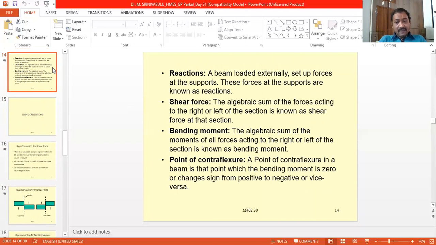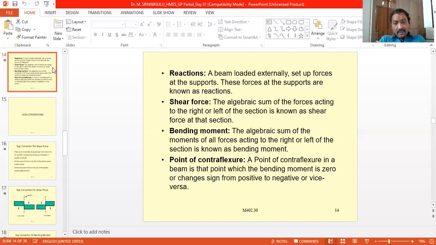A point of contraflexure is a point on the beam at which the bending moment is zero or changes sign, at which the shear force is zero or changes sign from positive to negative or negative to positive.